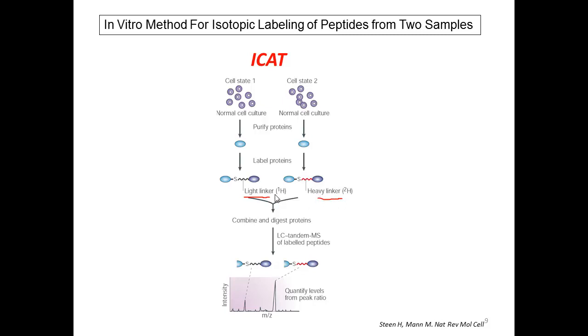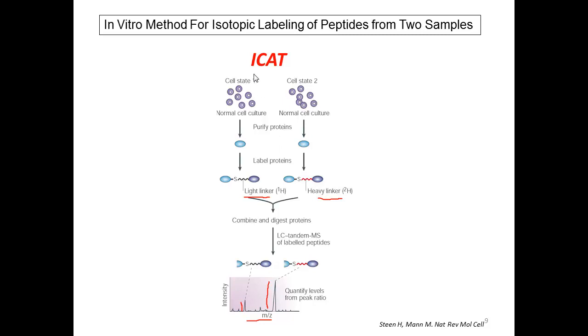These linkers are as identical in chemical composition as they can be, and then we're going to mix the samples together. They will elute at the same time since chemically they're very similar, but they will have different masses, so they will appear at different places on the M/Z spectrum, and by looking at the relative intensities, we get an approximation of their relative abundances in our protein samples.